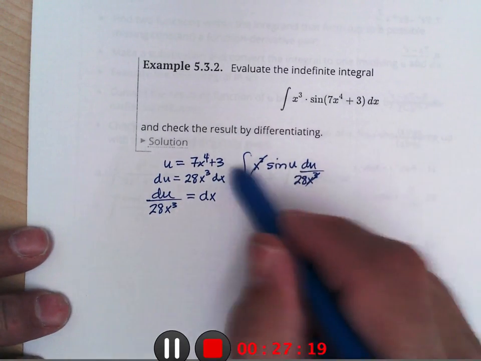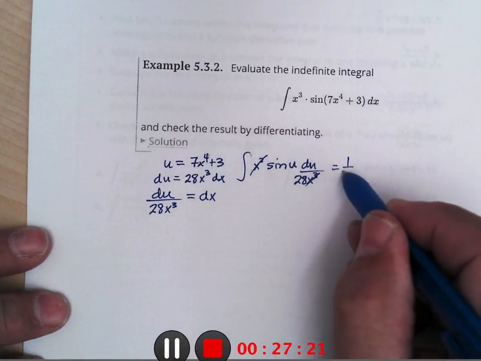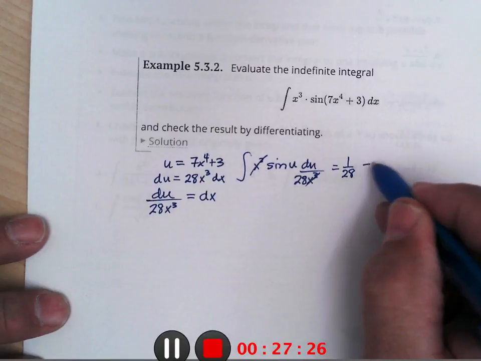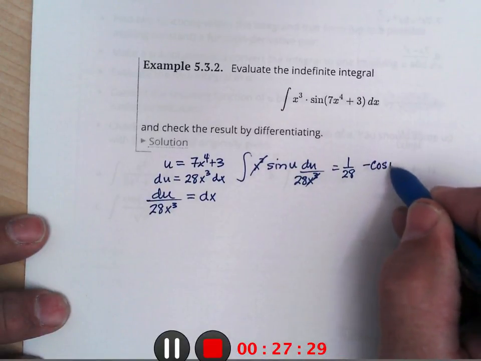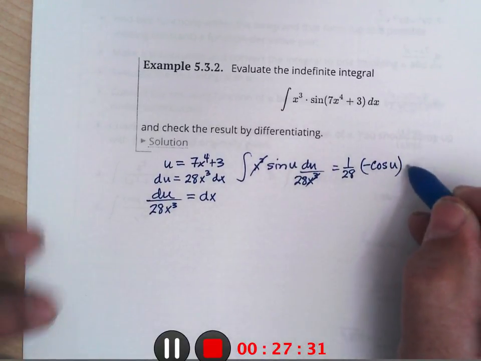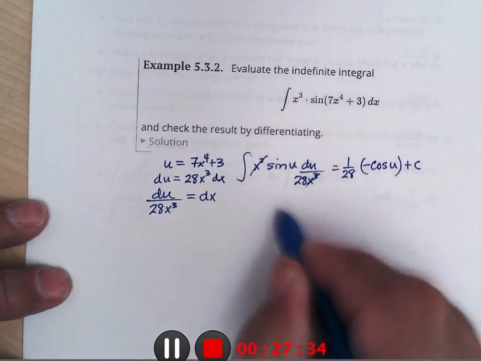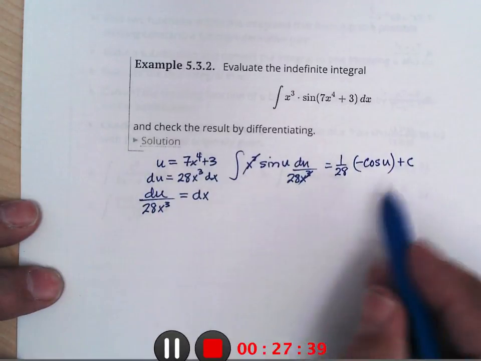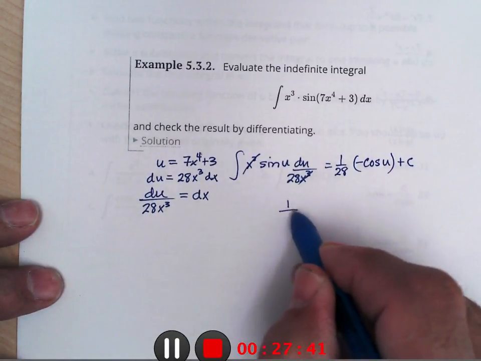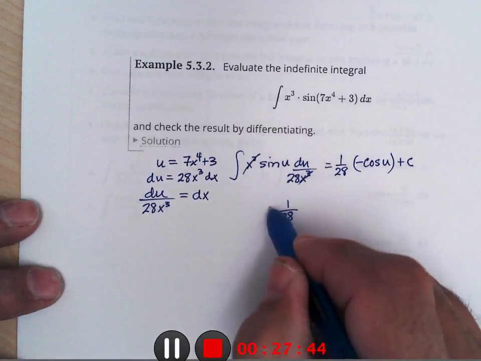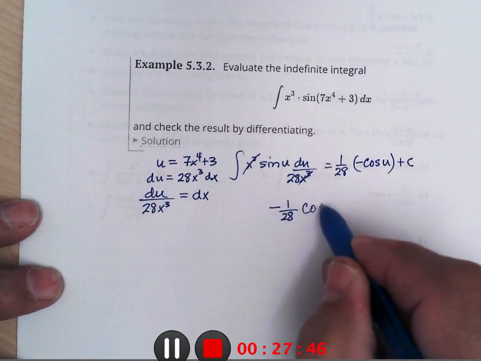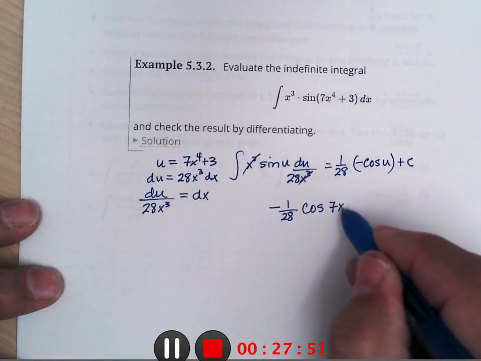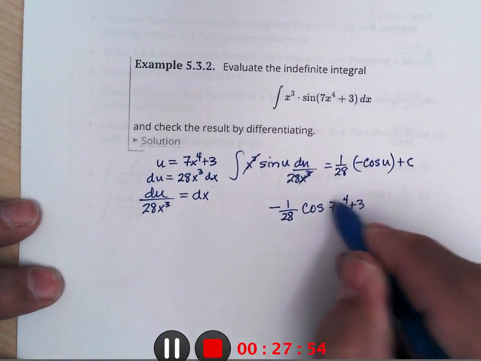The antiderivative of sine is negative cosine u plus c, but going back to what u was, I let it be 7x to the 4th plus 3, so this becomes 1 over 28 negative cosine of 7x to the 4th plus 3, plus a c.